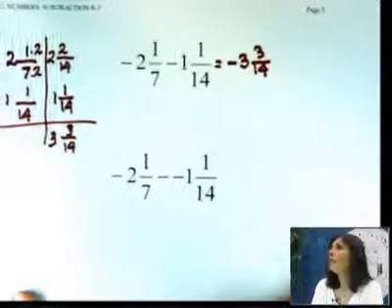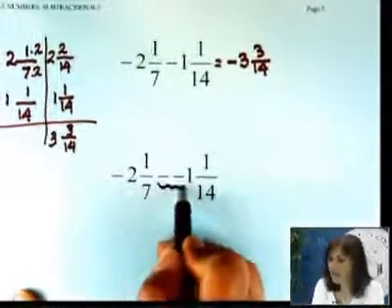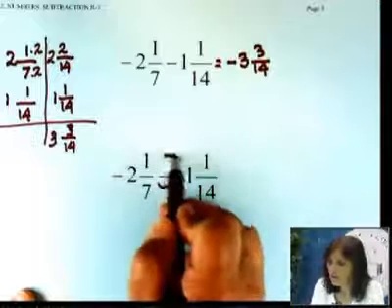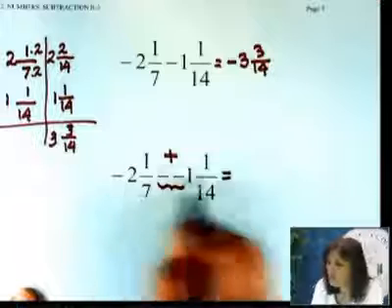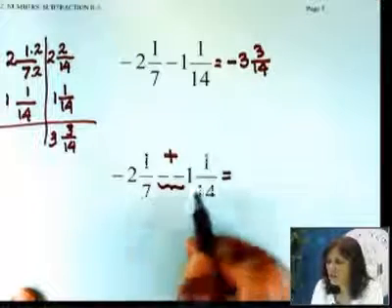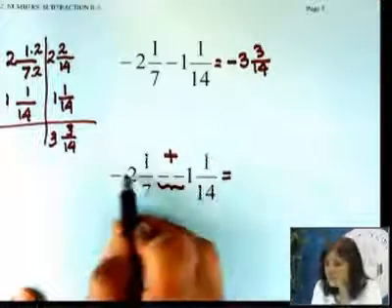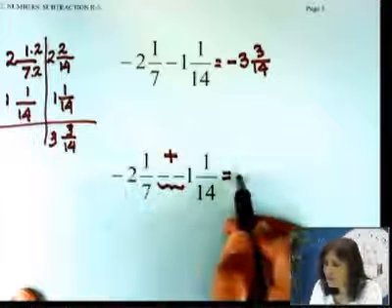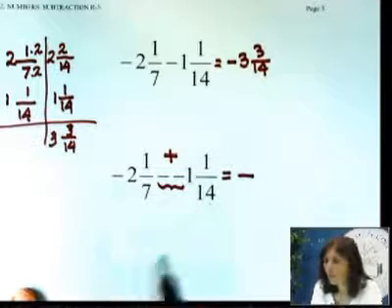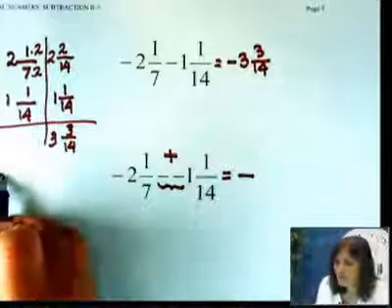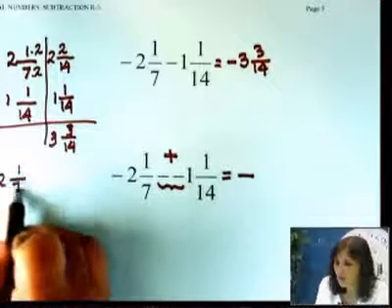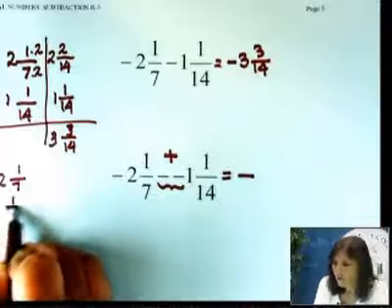All right, what happens when I have a double negative? Again, the same way, this double negative turns into a positive. That means I'm supposed to take the difference between 2 and 1/7 and 1 and 1/14. Since this number is bigger, it's going to end up negative. But the important thing is I am supposed to take the difference. So go to the side, take the difference of 2 and 1/7 and 1 and 1/14.